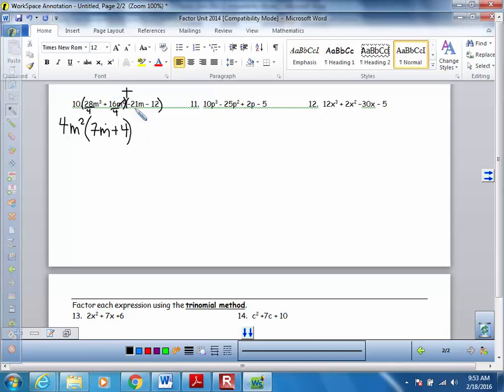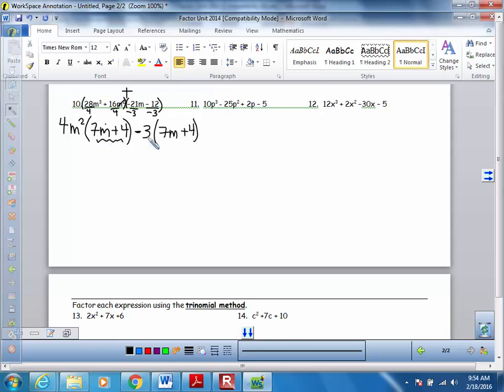Then, if I'm looking at negative 21m and negative 12, they are both negative, so I want to bring this negative out. And then 3 divides 21, 3 also divides 12, so I can bring 3 out. That leaves me with negative 21 divided by negative 3 is a positive 7m. And then negative 12 divided by negative 3 gives me a positive 4.